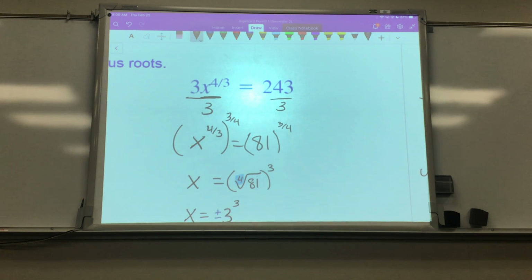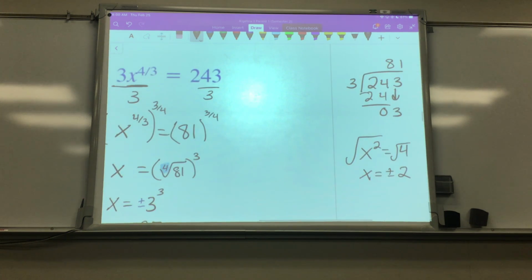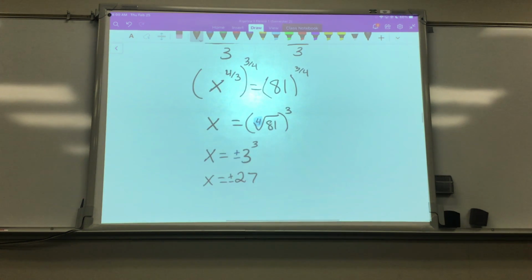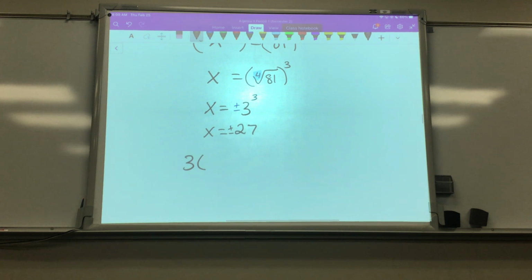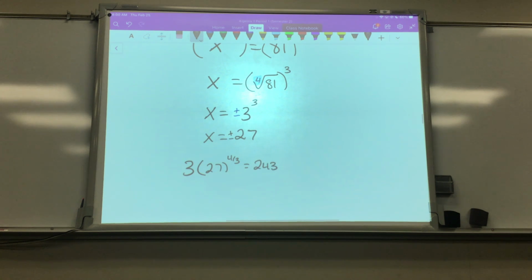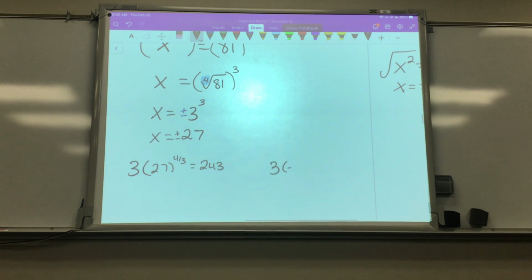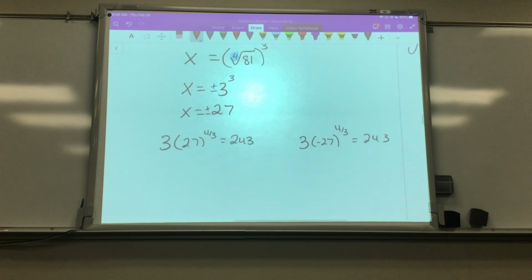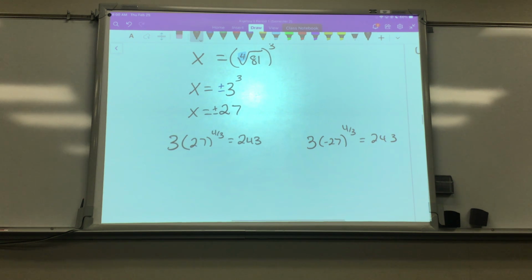And when I check, okay, so let's check our answer here. We've got 3x to the 4/3, so it's saying 3 times 27 to the 4/3 equals that 243. And 3 times negative 27 to the 4/3 equals 243. And this one I wouldn't recommend just doing in your head. 27 to the 4/3, that's saying cube root and then take it to the fourth, right?